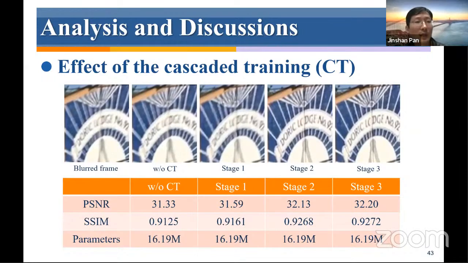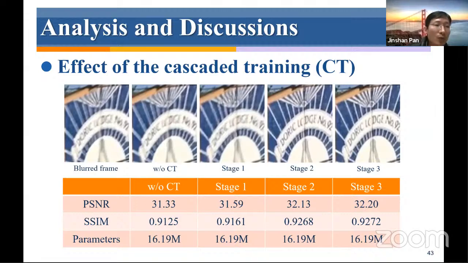And as the proposed cascaded inference involves several stages, we further examine the effect of the number of stages. We can see that using more stages can improve the performance. However, the improvement is not significant when using more than 2 stages.